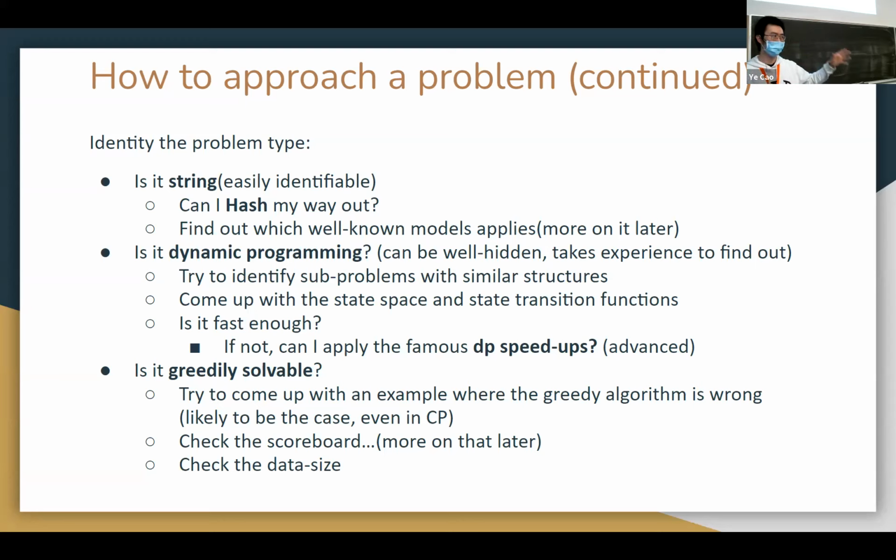So if you come up with one, that's probably the one that the problem authors have in mind. If it's not fast enough, I will talk about this later, but there are a few famous speed ups for DPs. So if your DP is not fast enough complexity-wise, try to apply these classic speed ups to pass the time limit.